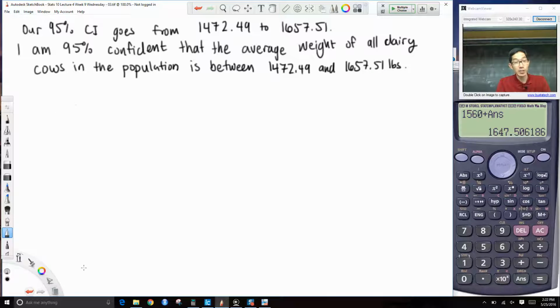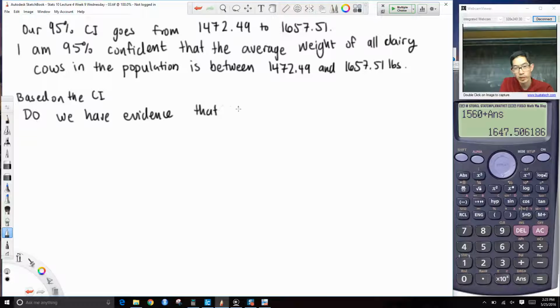All right, so let's ask just a few questions. Based on the CI, do we have evidence that the mean weight, the population mean mu, is 1,500 pounds?